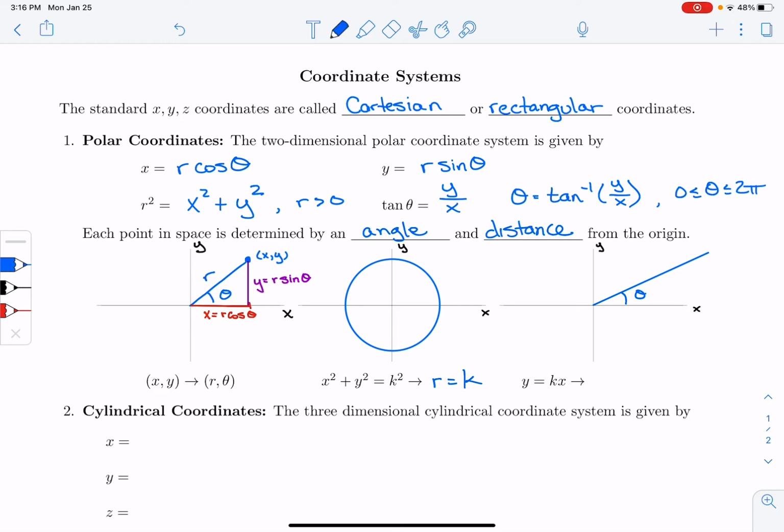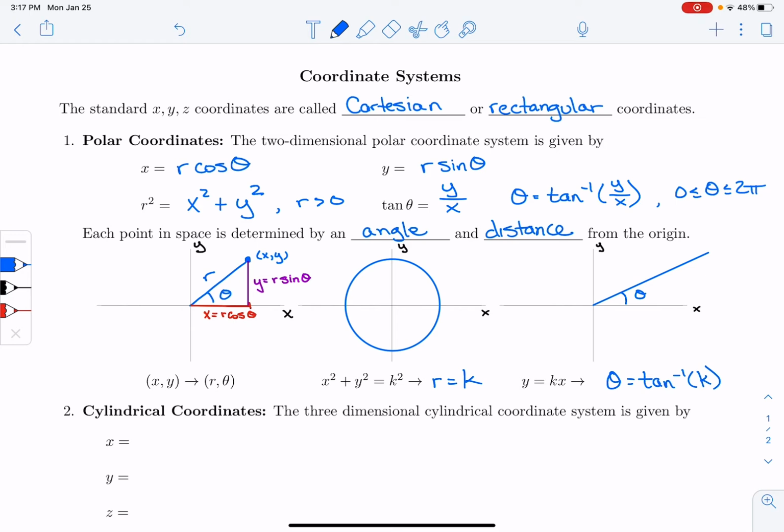Well, what constant is that? Well, normally, when we have a line that starts from the origin, it would be the line y equals kx. So, if we want to write that in terms of theta, theta is going to be the arctangent of y over x, but y over x is then just that constant k. So if theta is equal to a constant, that will give us the line y equals k times x. So those are polar coordinates.